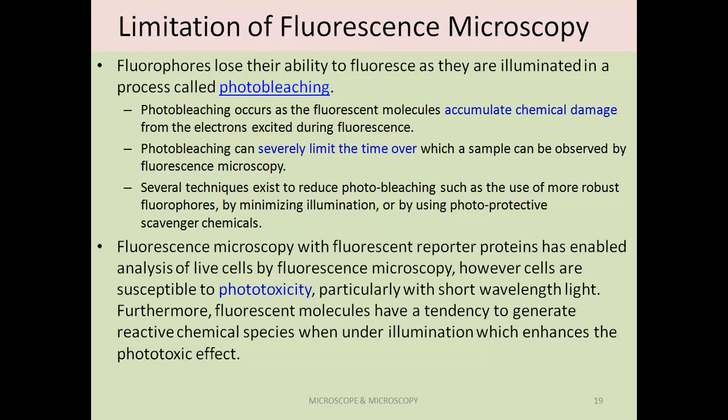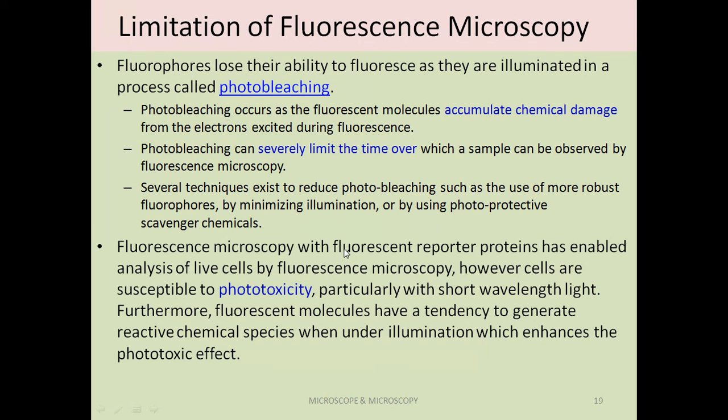Staining with a fluorescent dye is time specific. Several techniques reduce photobleaching, such as the use of more robust fluorophore dyes, minimizing illumination, or photoprotective scavenging chemicals. Basically, these are practices by which you can reduce photobleaching.